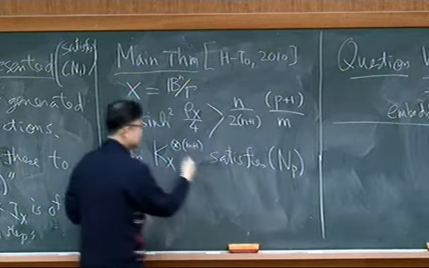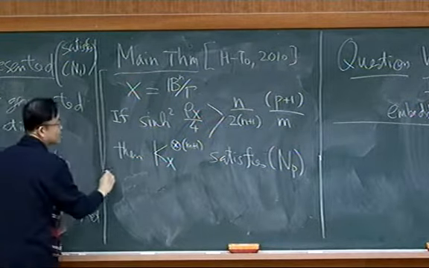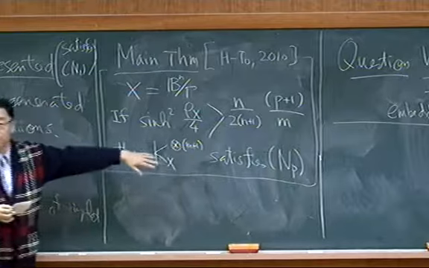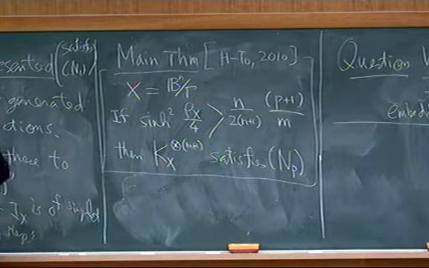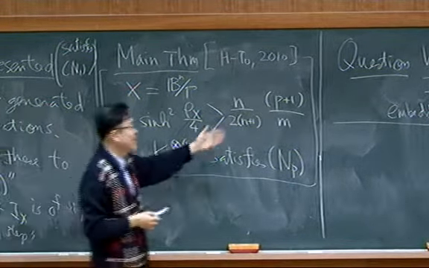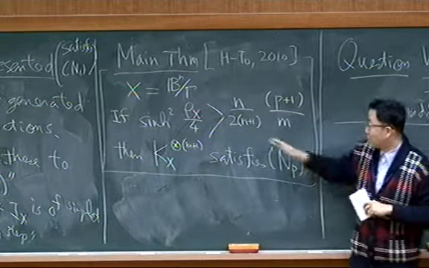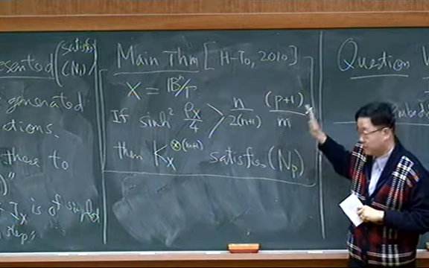So that is our result. It gives an effective condition for the ideal to satisfy this NP property. In other words, it tells us something about the defining equations in terms of the injectivity radius.